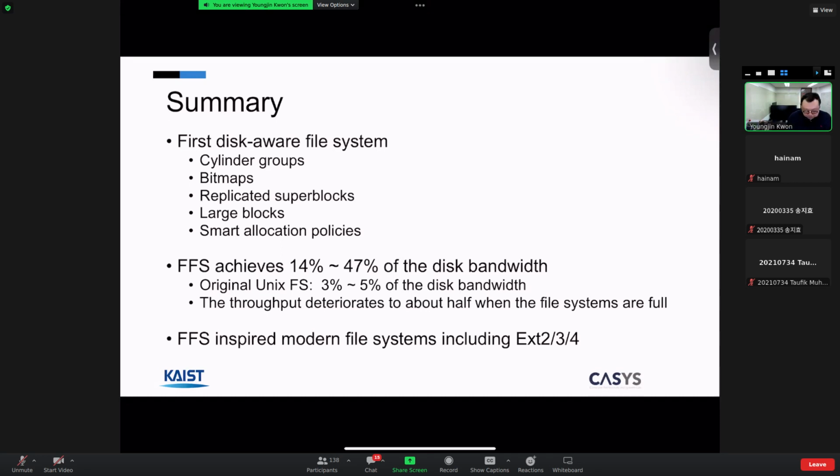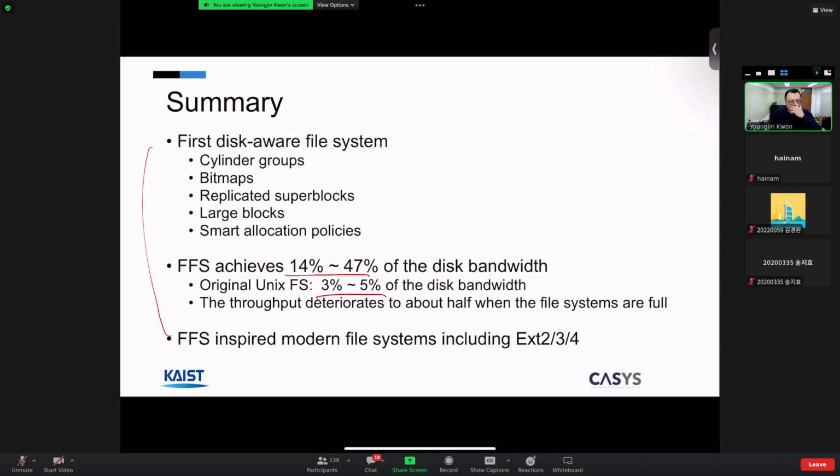Consequently, they demonstrated running the same application in the original Unix file system and FFS, and FFS achieves much better disk bandwidth compared to the original. Done. End of story. People like it, accepted the paper, and people adapted this FFS design into modern file systems. That's the big success of the FFS story.